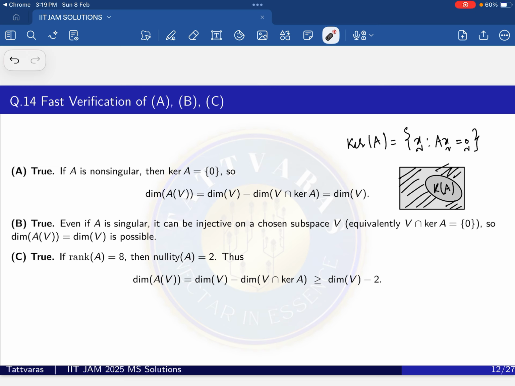So basically you will take a space that is orthogonal to the kernel space, and then this thing will hold.